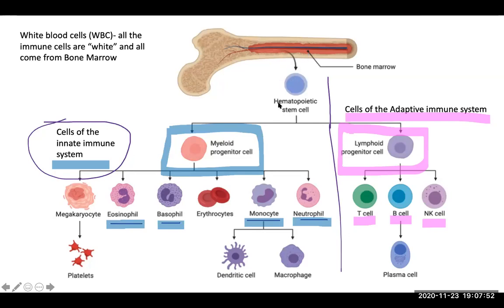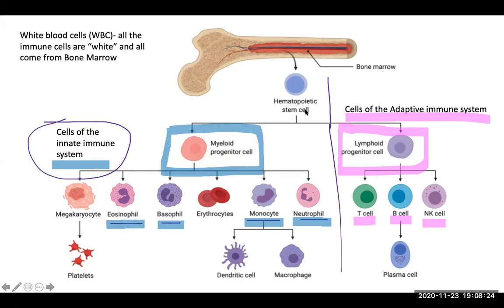And the special stem cells, hematopoietic stem cells, are the stem cells that all blood cells come from. So in this image, you'll see red blood cells here and platelets, which are not part of the immune system. But everything else that we see on this image is part of the immune system.